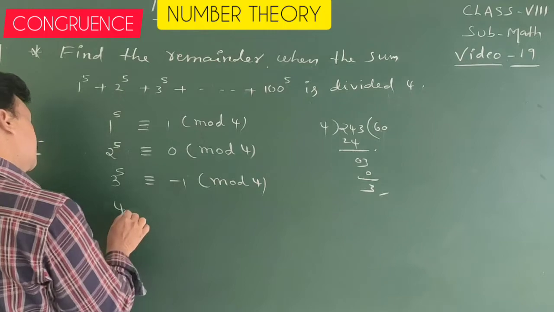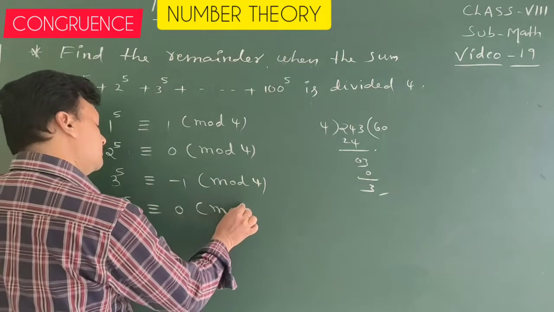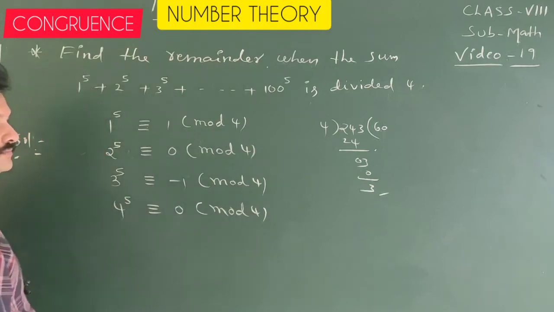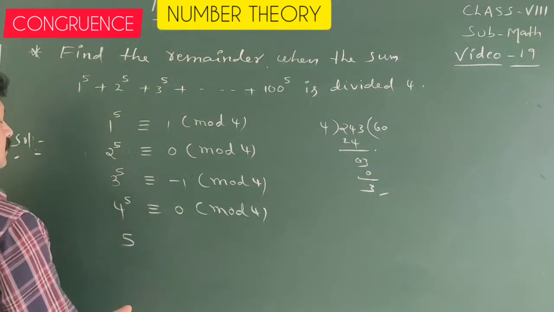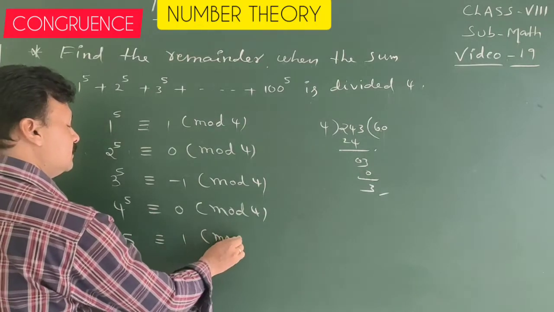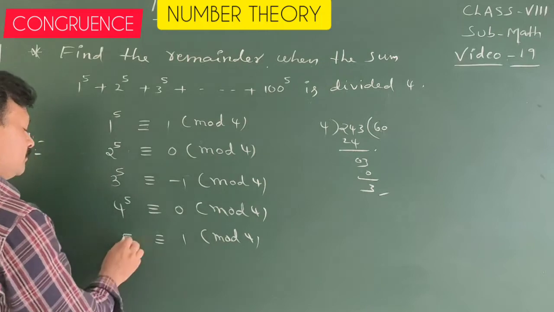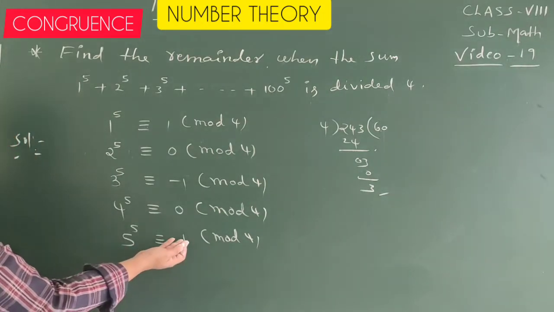4 power 5 is congruent to 0 mod 4. Next, 5 is congruent to 1 mod 4, we know. Raising power on both sides, here 1 power 5 is 1 only, so 1.